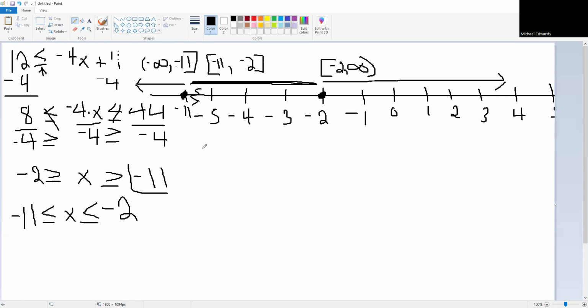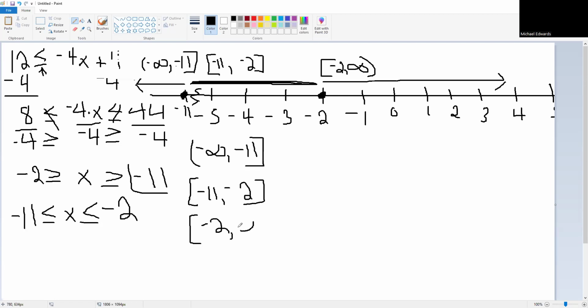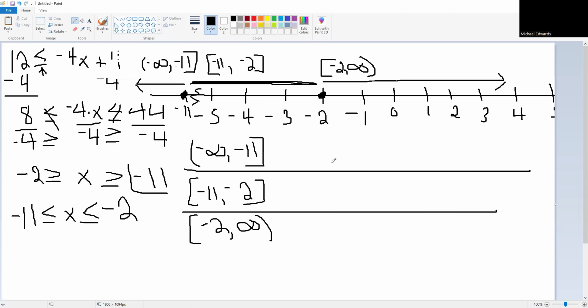Let's test those three. So let's set it up like we have for the non-complex. It's exactly the same. Then we have the negative 11, the negative 2, and then the negative 2 to infinity. Draw our lines.